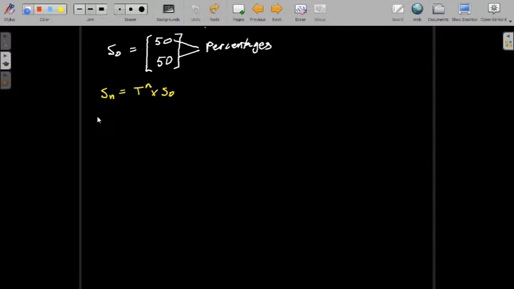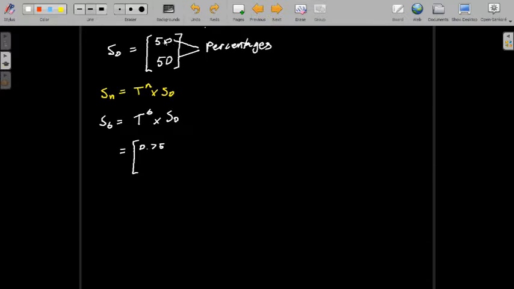What we're working out is S of 6, because we want what happens after 6 months. So we've got T to the power of 6 times S0. It's only one calculation we need to do. Our matrix T doesn't change, but our initial state S0 has changed.